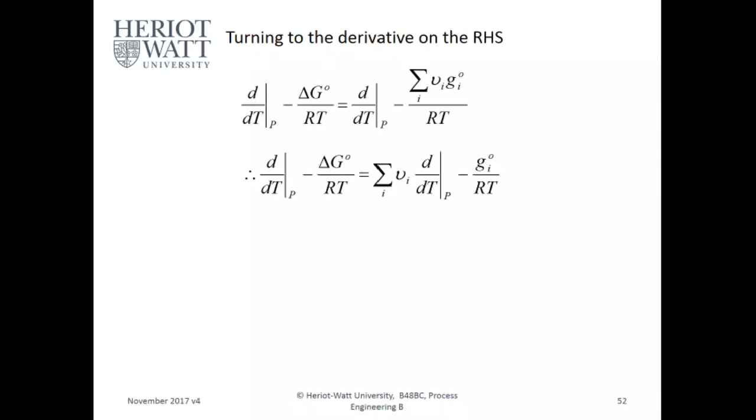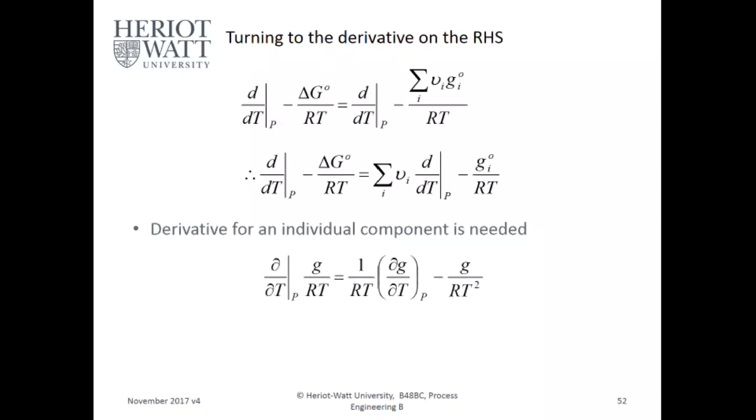And d/dT at constant pressure of minus delta G over RT equals the sum of v_i times d/dT of minus G_i over RT, G_i being the molar G. The derivative for an individual component is needed, so, eliminating the v_i, the change of G over RT with respect to T at constant pressure equals 1/RT times dG/dT at constant pressure minus G over RT squared.